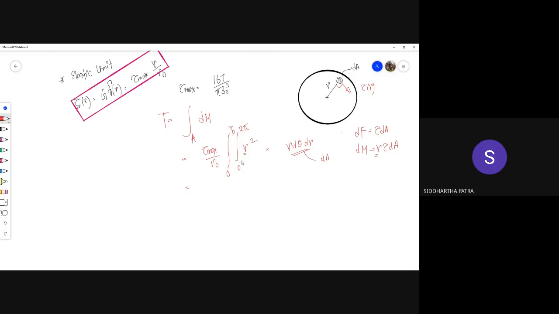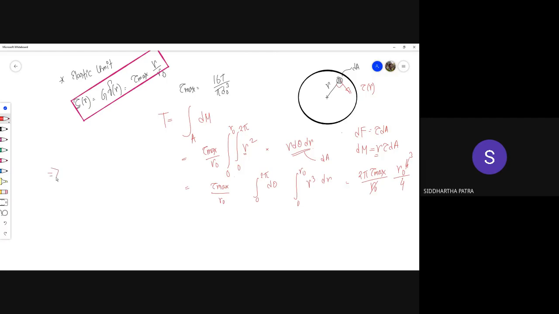Now, since the limits on the integrations are independent of one another, you can separately do the integrations. So what I can do is tau max divided by r0, integration 0 to twice pi d theta, and 0 to r0 r cube dr, which basically gives me twice pi tau max by r0, and then r0 to the power 4 divided by 4, and eventually r0 cube.